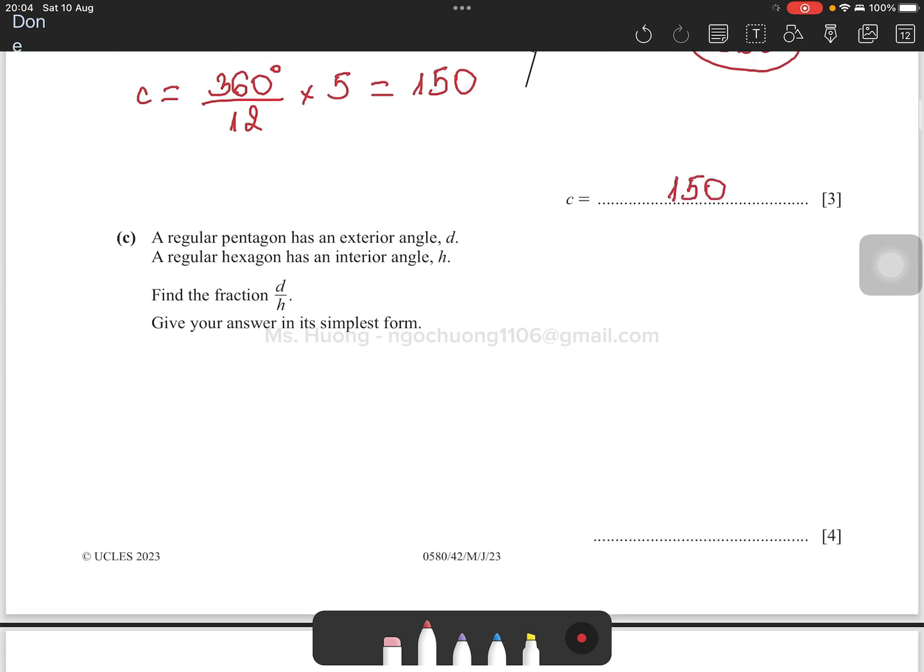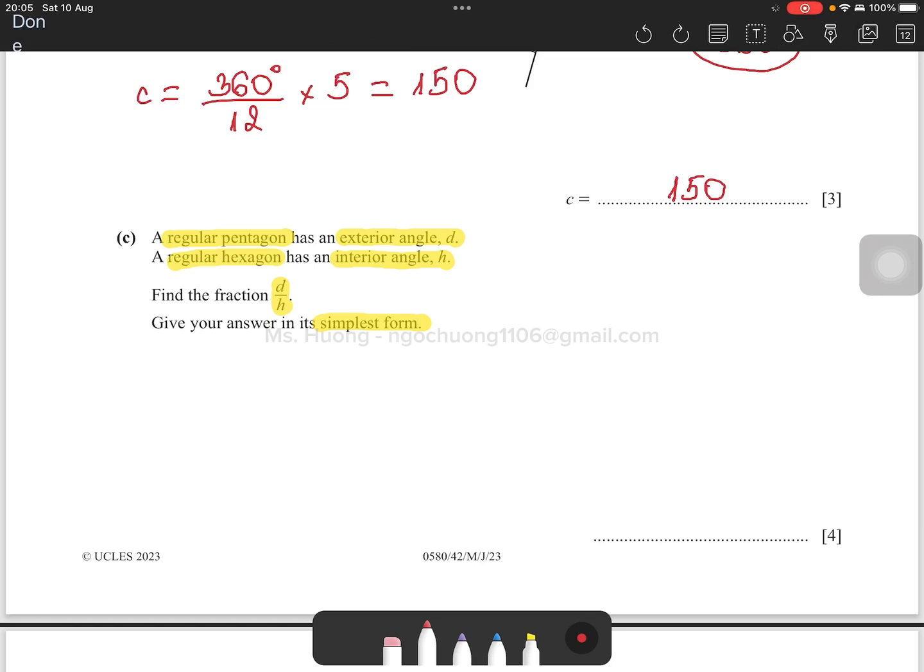C. A regular pentagon, pentagon means there are 5 equal sides, has an exterior angle D. And then a regular hexagon has an interior angle H. Then we find the fraction D over H. Give your answer in simplest form.